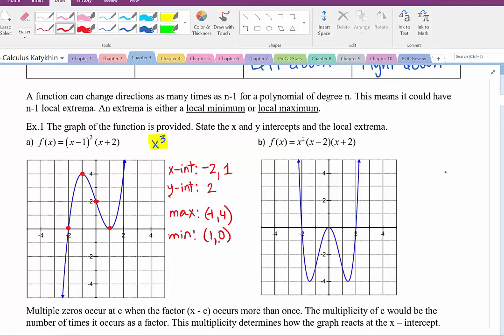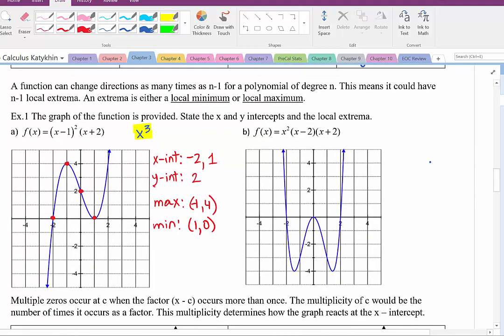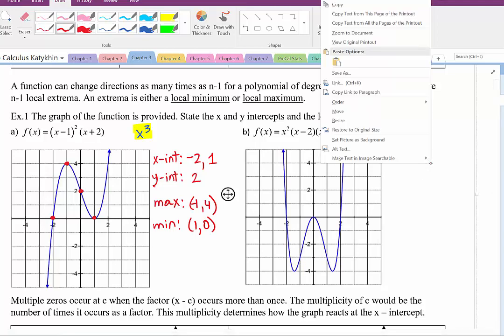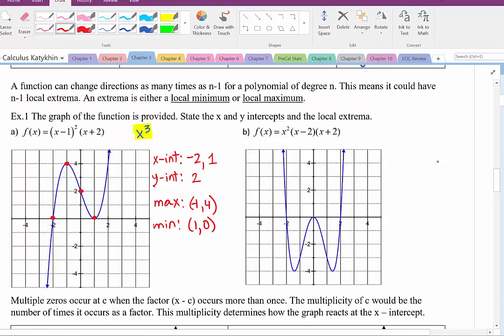Now let's go ahead and look at our next example. We can look at our leading coefficient. Think about this just real quickly. If I took this x, multiplied it by that, that's going to be x to the third, and then I multiply it by that, that's going to be x to the fourth. So my leading term is x to the fourth.